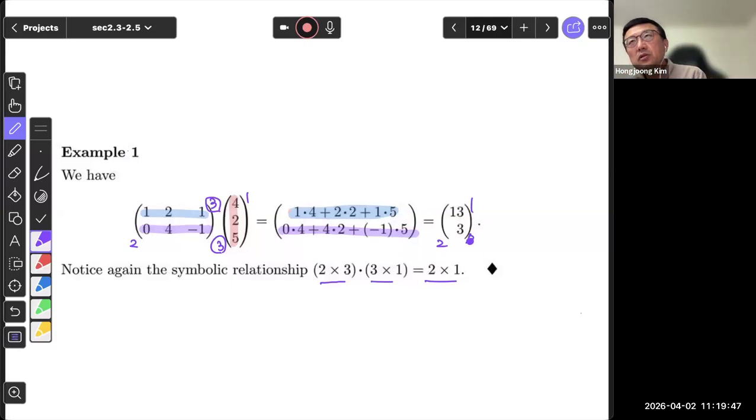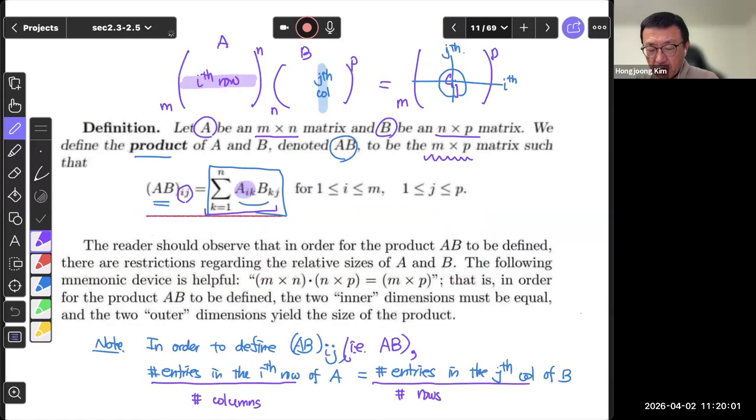Just for your information, there are many ways to define the product of two matrices. This definition is just one of many different kinds.